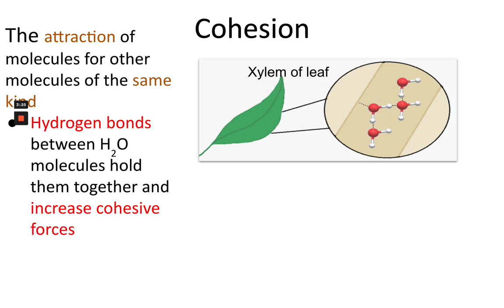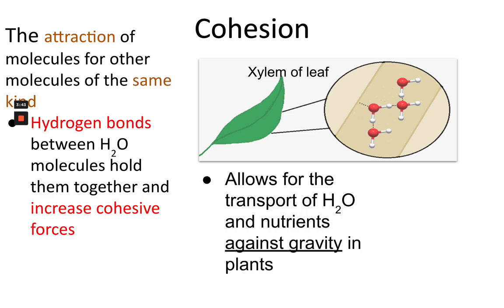And this attraction occurs because of hydrogen bonds. So the hydrogens on one water molecule bond through a hydrogen bond to the oxygens of 2 other molecules. And so by doing this hydrogen bonding, we end up with a lattice work of bonds that is going to allow water to move against gravity.